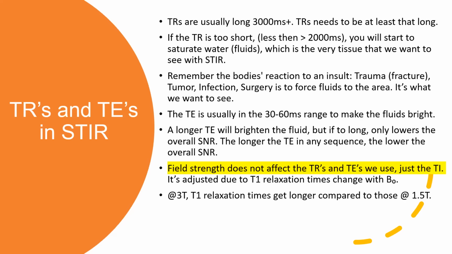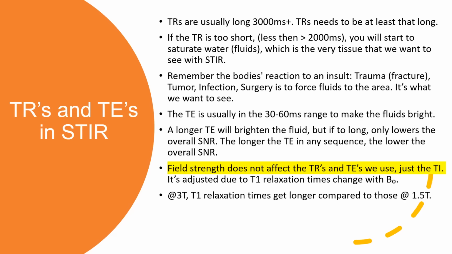That's because you shortened the TR too much and you are saturating fluids, which is what you're looking for. In STIR, you want to see fluid. Tumor, infection, radiation necrosis, you want to see the water. So don't shorten up that TR. Don't fall into that trap.